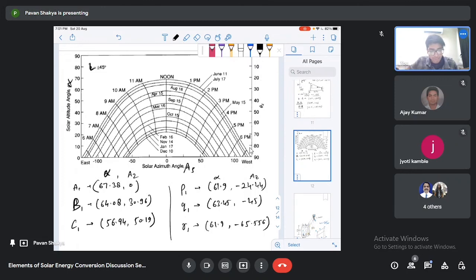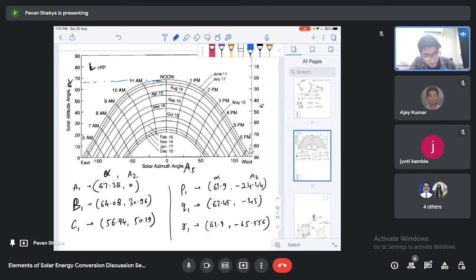Okay, so now I will draw all these 6 points in the graph. Suppose I'm trying to make first point A1, that is alpha is 67.38, that is alpha corresponds to this 67 point, and the azimuth for A1 is 0. So when you use the scale and mark it correctly, you will find it will be somewhere here.